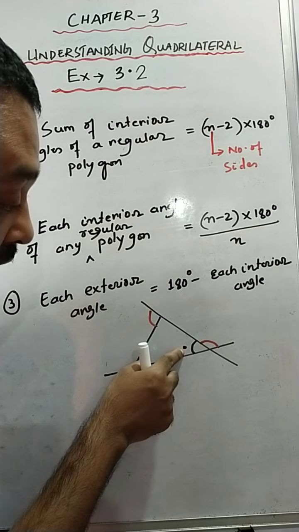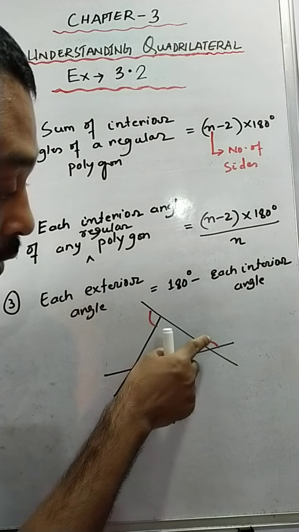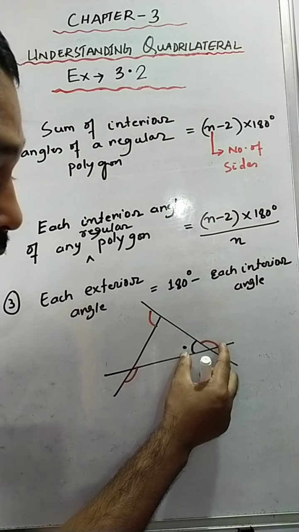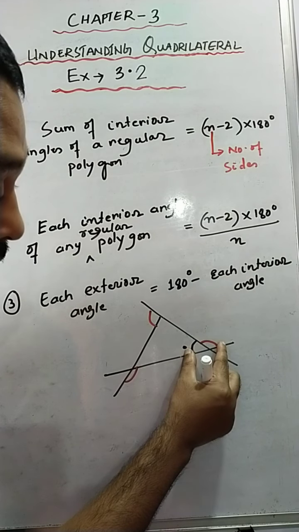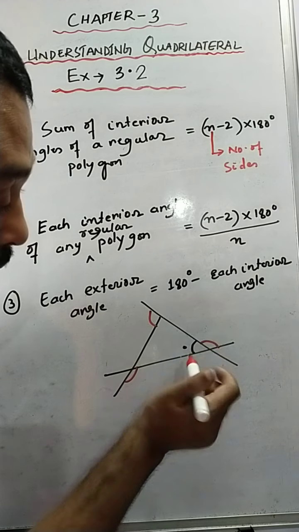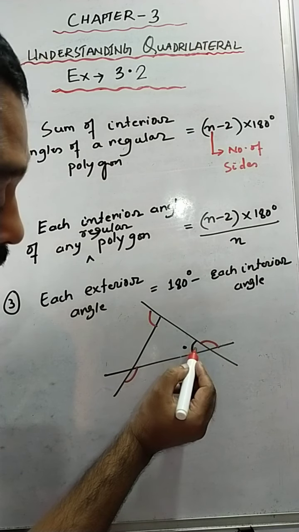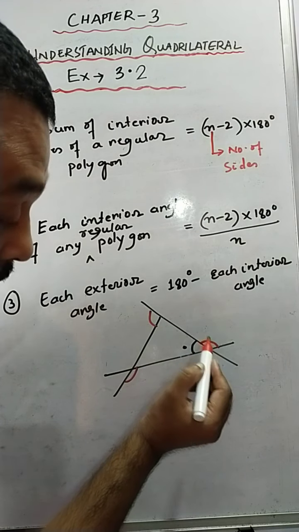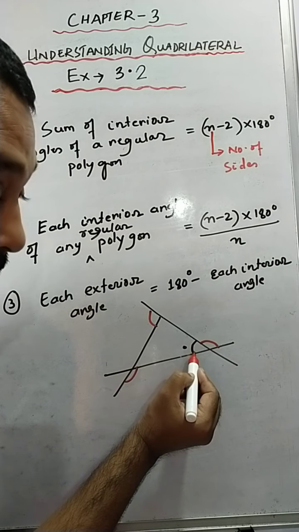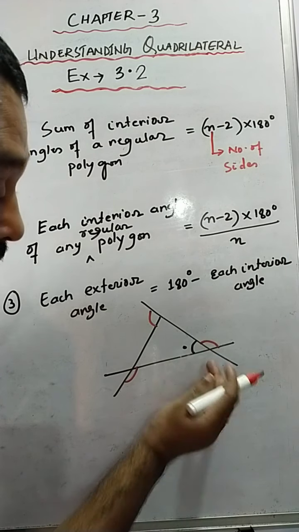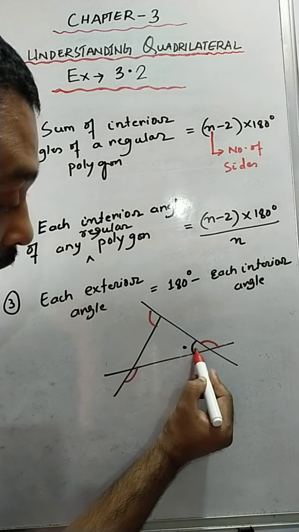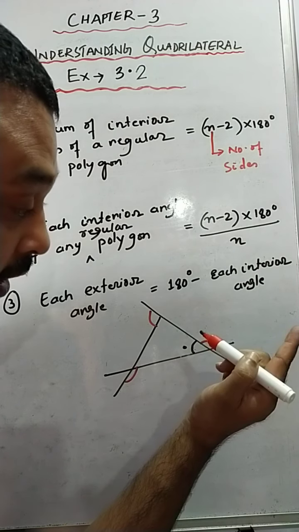So when each interior angle you know, and you have to find out the value of each exterior angle, what do you have to do? So these are linear pairs. So to get this red mark angle, you have to subtract this black part from 180 degree. We have learned this is a linear pair, because the sum of these two angles is equal to 180 degree, isn't it?